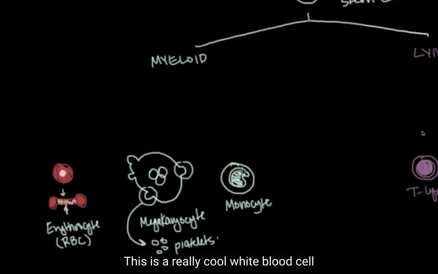And this is a really cool white blood cell because it protects us from bacteria and viruses and other invading organisms, just like any other white blood cell does, but it does so in a very interesting way. So let's say that this was a bacterium, or actually, no, I like the color pink. So let's use a color I don't like. So let's say that this was a bacterium. So the monocyte would defend us against this.